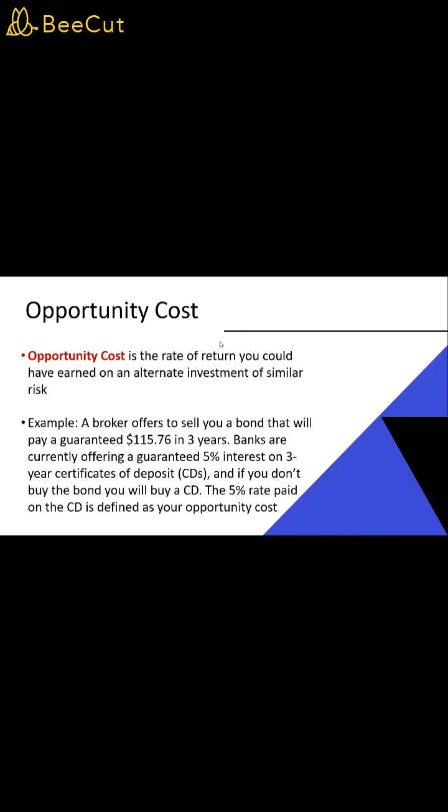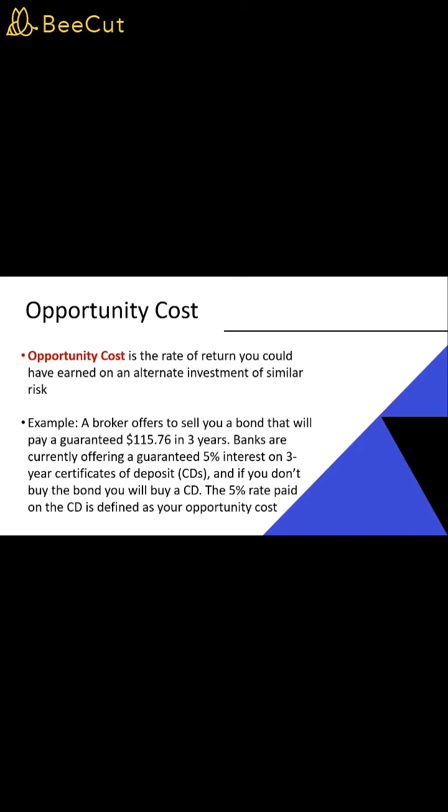Okay, the next concept that I wanted to talk to you about is something known as opportunity cost. Opportunity cost is the rate of return you could have earned on an alternate investment of similar risk. Let's say there's a broker willing to sell you a bond that is guaranteed to pay you 115.76 in 3 years' time. On the other hand, banks are also offering you a guaranteed 5% interest on a 3-year certificate of deposit.